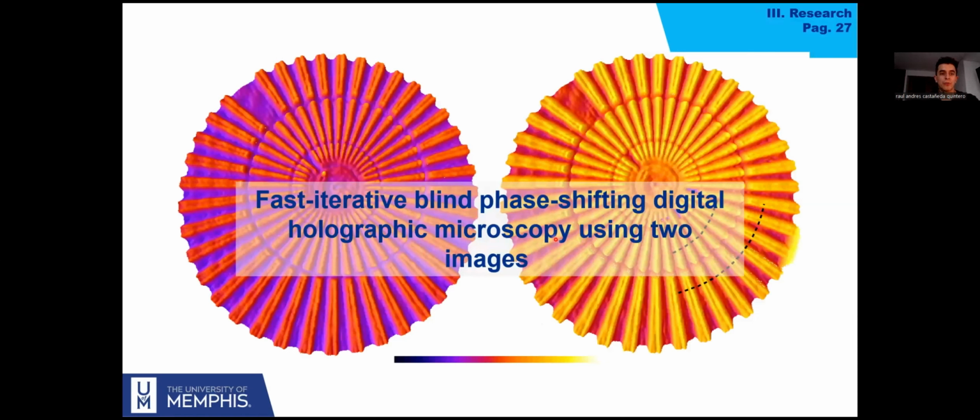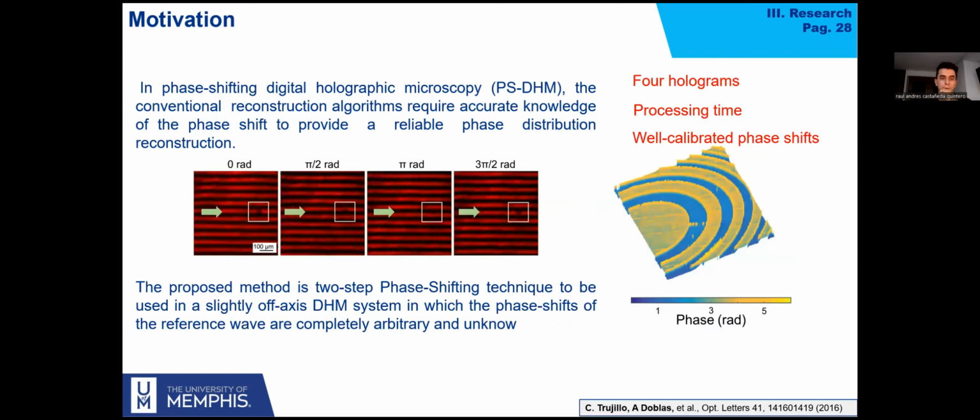From this moment, I will start to present the main research elaborated during my PhD. The first work consists of a new strategy to obtain the numerical reconstruction from two images, which means two recorded holograms. So what is the motivation?